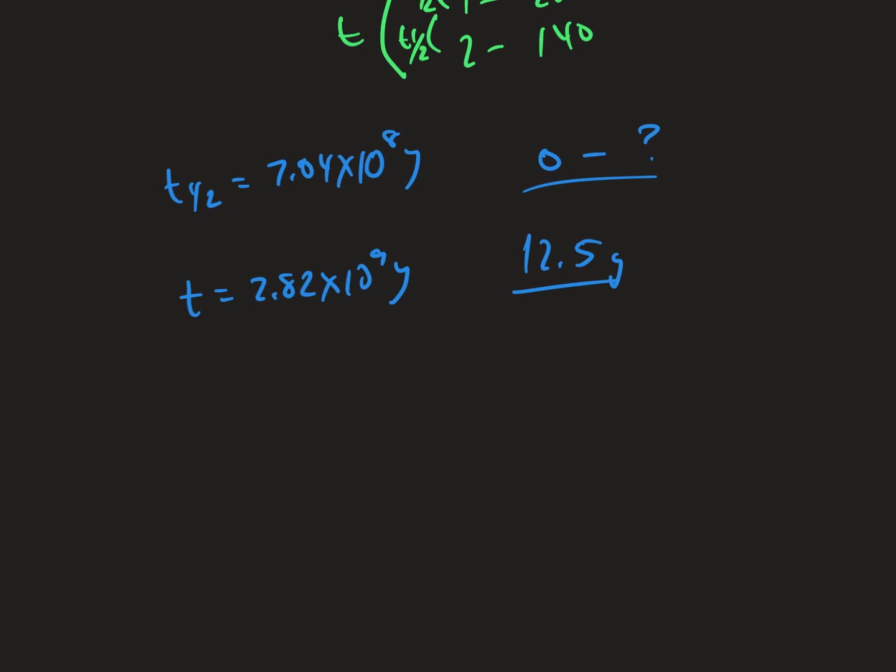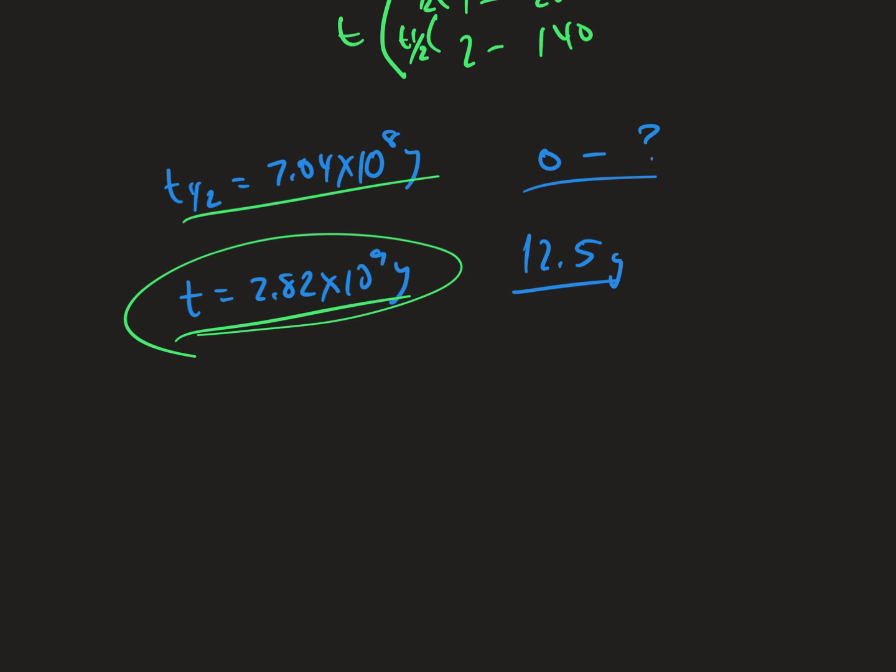Okay? What can we do if we know both the times? We can find out how many half-lives, how many times we cut it in half, right? So our total time divided by our half-life, and what is that? I can't do that in my head. Why not? Because it would hurt. Okay.